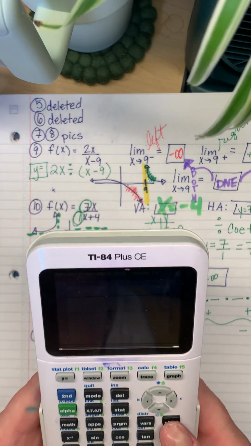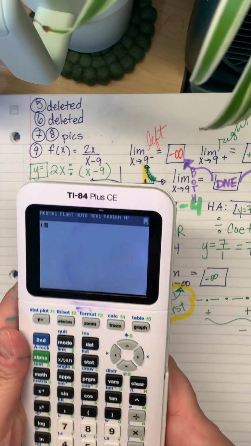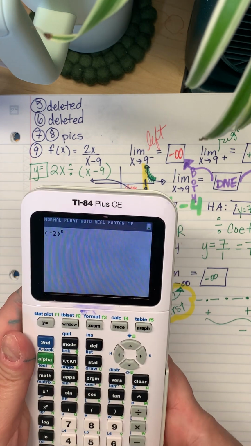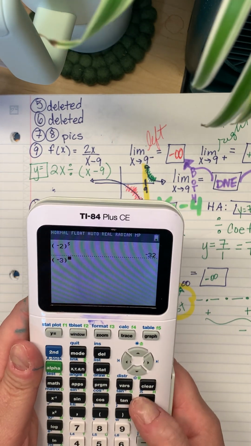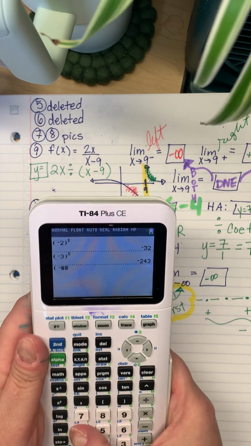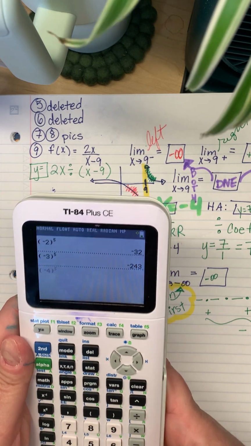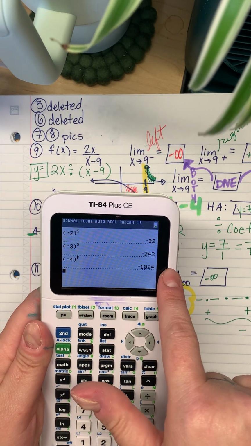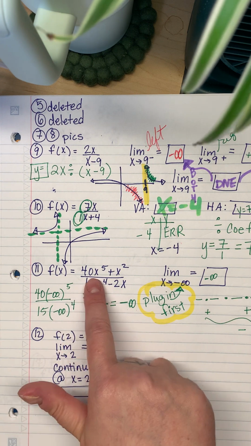Well, no matter what I put into parentheses, if it's negative and I raise it to the 5th, I still get a negative. Yay. So negative infinity to the 5th is just a negative.